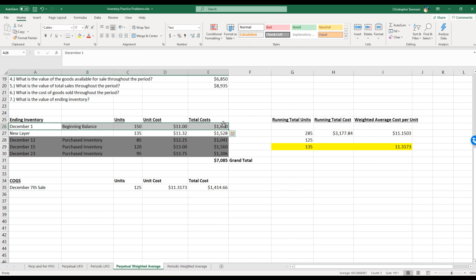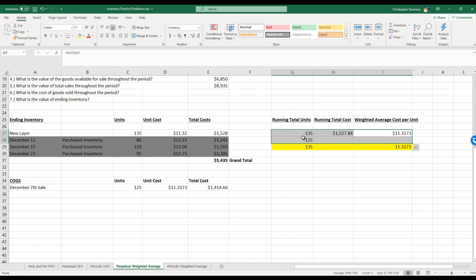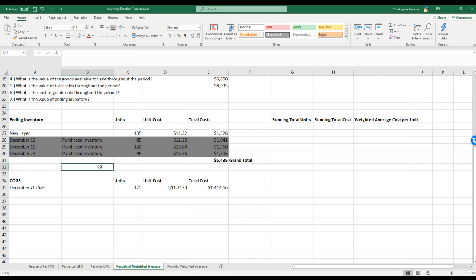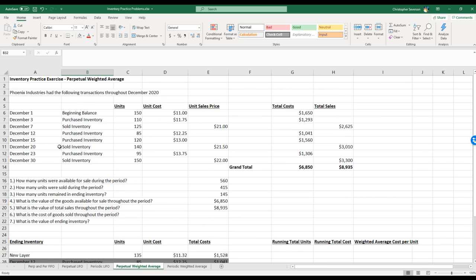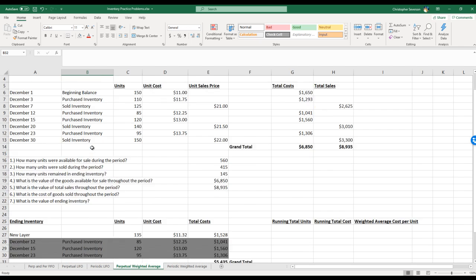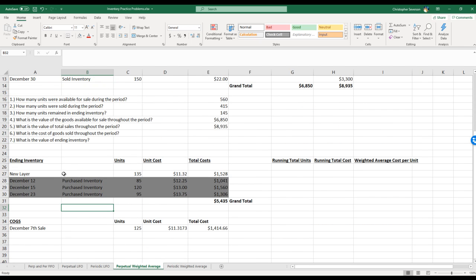That's gone as well. Now notice that updated all of this, which is fine. We can delete all of this. The whole purpose of that was to get our brand new layer. Now we go on to the December 20th sale.